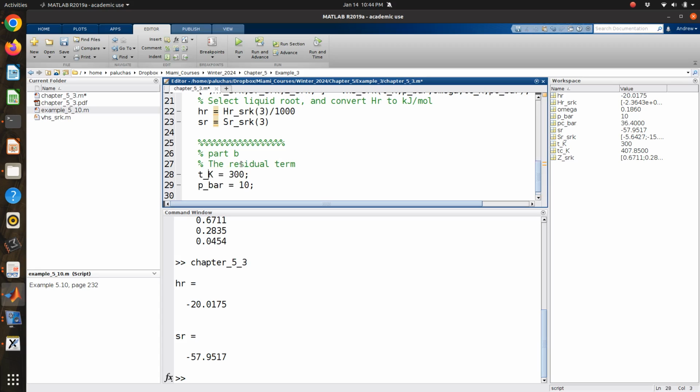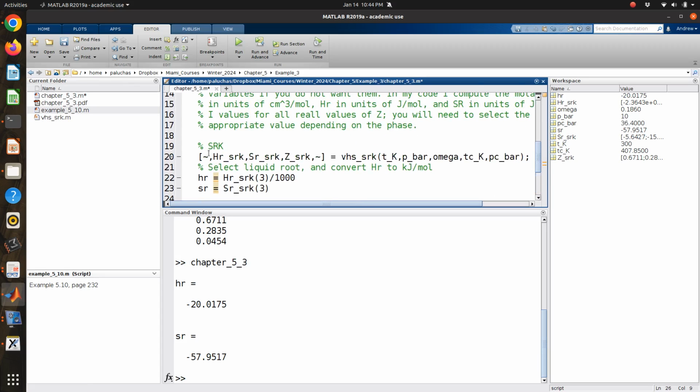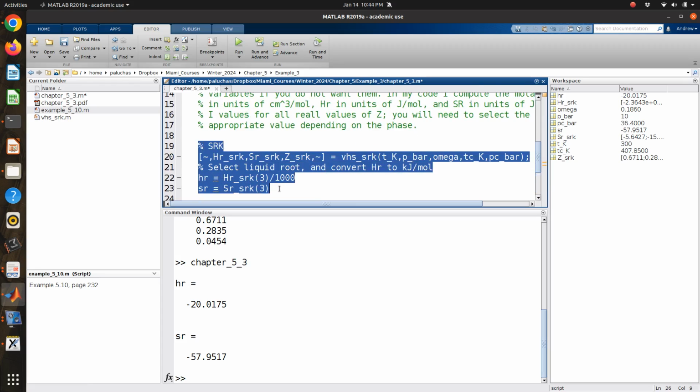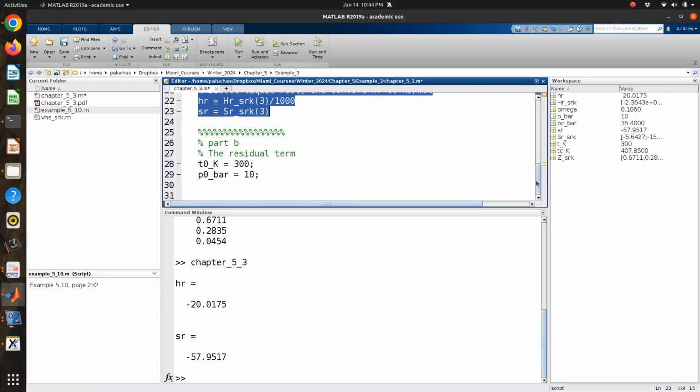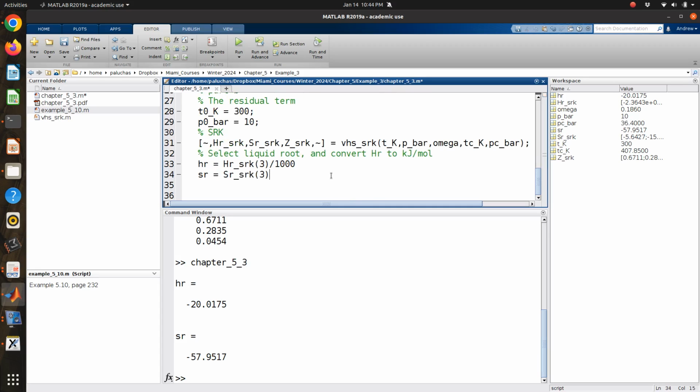We'll call that T naught and P naught. Then I'm going to copy this and update it. I'll start by, so this could be H naught R, S naught R, and Z naught.